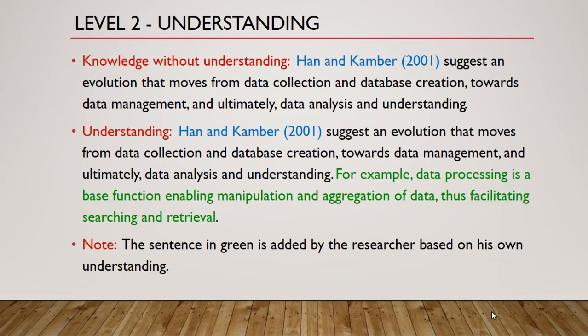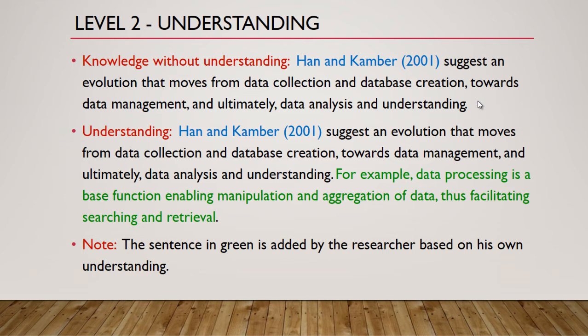So now you can see that the minimum for you to say that this is literature review is when you achieve this level 2 understanding. So level 1 is just literature citation. So the first paragraph here is just the citation because it is a paraphrase. It's not a review. But when you come into level 2, then this is what we call literature review.